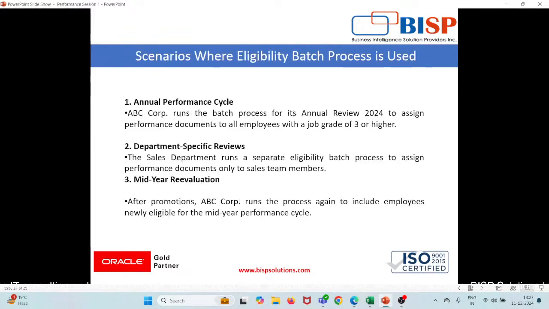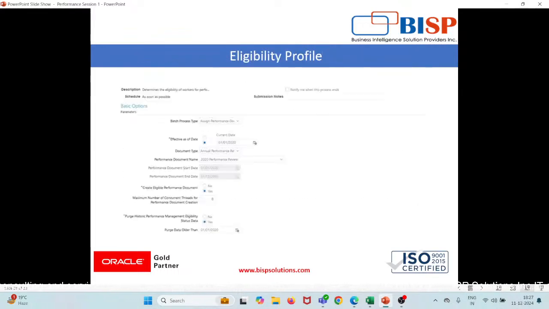Once all the setup is done, from the review period till the performance template, the entire cycle of the performance setup is completed, then we run the performance batch process.